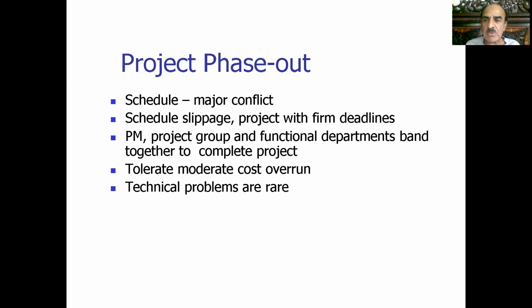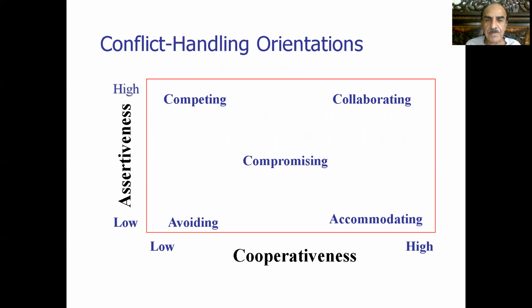Tolerate moderate cost overrun. There is a cost overrun and time overrun, and we try to negotiate and trade off between cost and quality. And then there are some technical problems, but they are very rare because now we are at the closing stage, and most of the technical modalities have already been resolved.